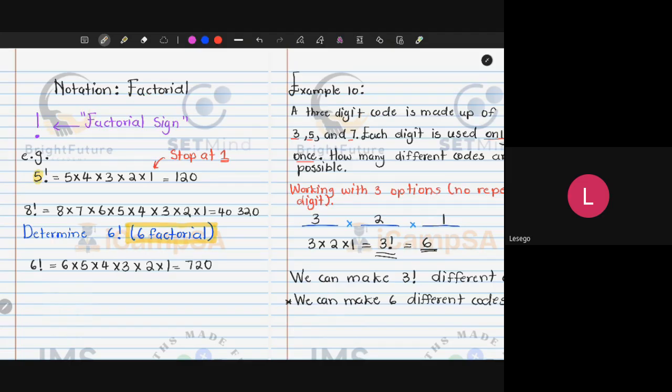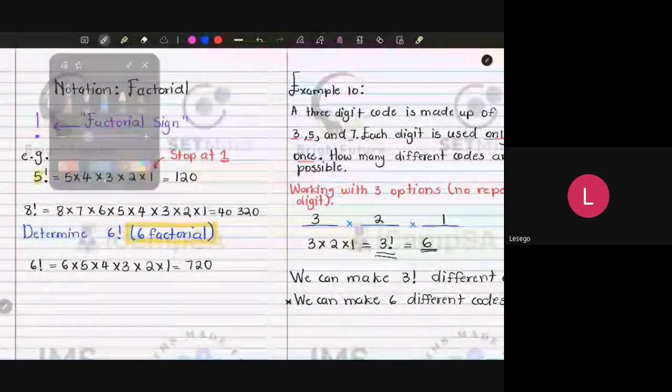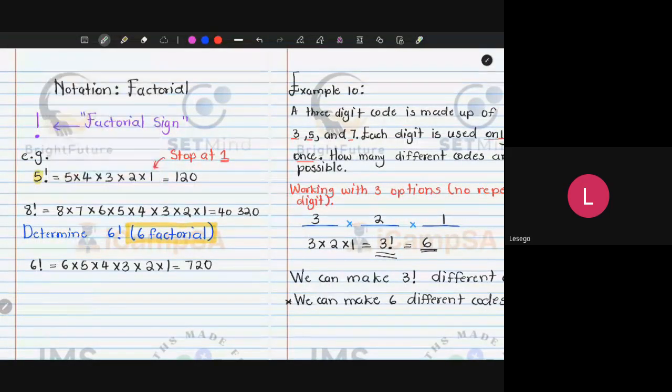To the people who are doing English it is just 5, but to us, what we see is 5 factorial. And we said 5 factorial means you will have 5 times a number which is 1 less, which is 4, times another one which is 1 less, which is 3, times 2, up until we get to 1. And when we multiply all of these numbers, we find that 5 factorial is 120.